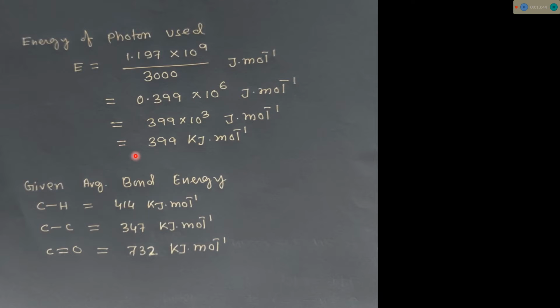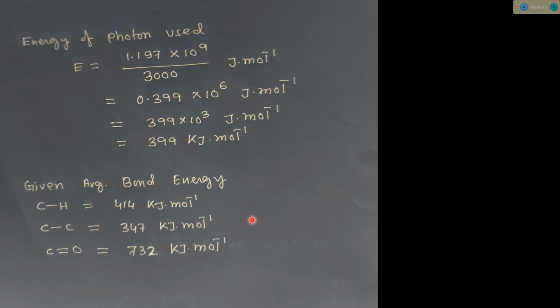So the light corresponding to this energy cannot break the C-H bond and the C double bond O bond, since it is less than their average bond energies. Since the energy of the light we are using is greater than the C-C single bond average bond energy, it will break the C-C single bond.